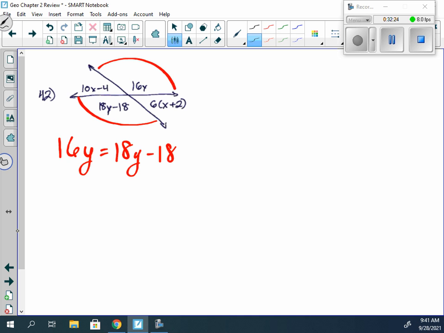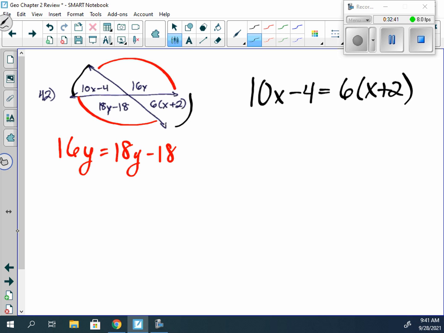Now our other set of vertical angles, they both have x, yes? So we can set those equal to each other. We can't use linear pairs because 16y and 6 times x plus 2 are two different variables. We can only solve for one variable at a time, and any of the other linear pairs will always be dealing with x and y.